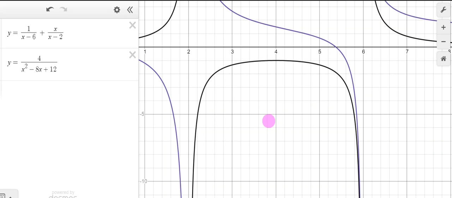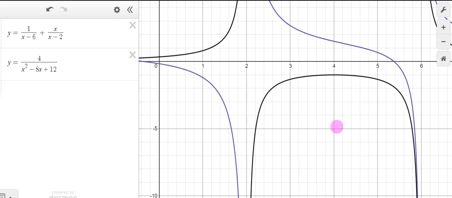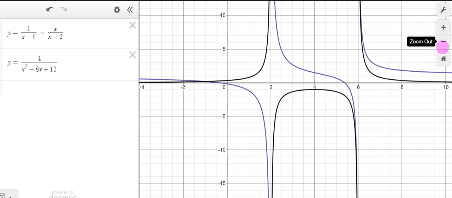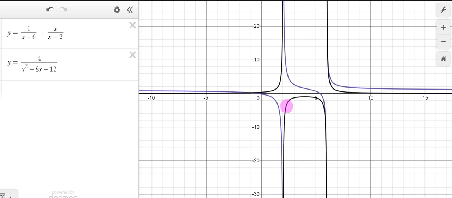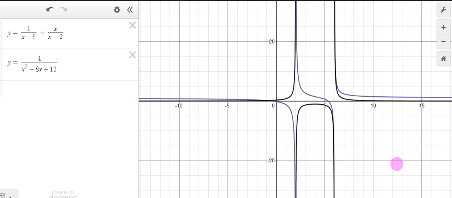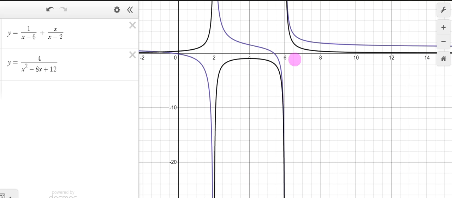Where was the other not possible solution? It was at 2, and look what's happening at 2 as well. There's another asymptote, but they're coming at it from either side. It's quite cool, the graph, isn't it?